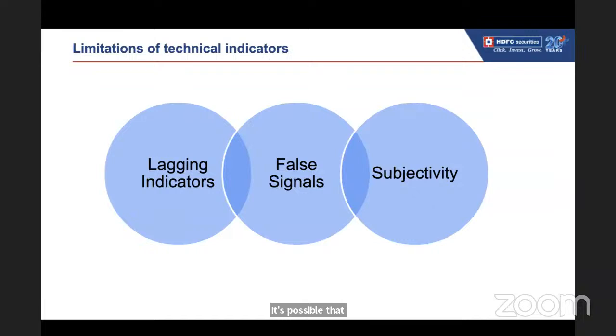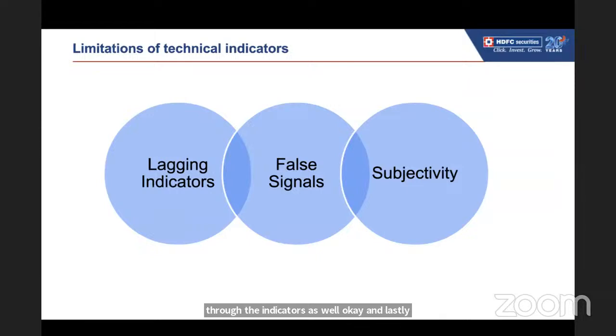Okay, so for example, RSI reached 27, but let's say there is some external factor, for example some bad news inflow into the market, so probably it will not stop at 27 RSI. Okay, it may still have some drop remaining, and there can be a continuation of the downtrend. Alright, so sometimes due to extra factors, there can be false signals through the indicators as well. Okay, and lastly, subjectivity.